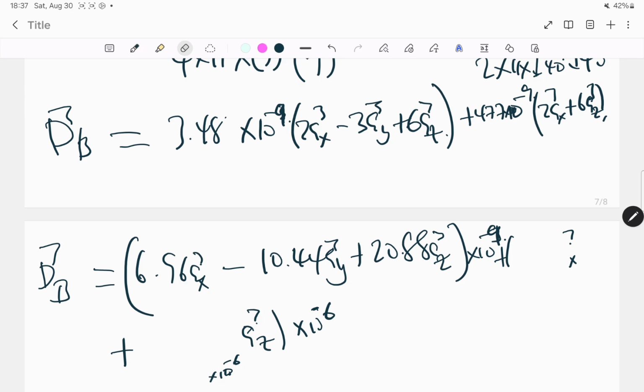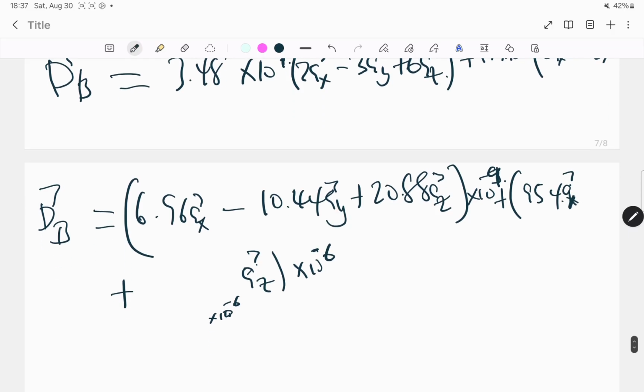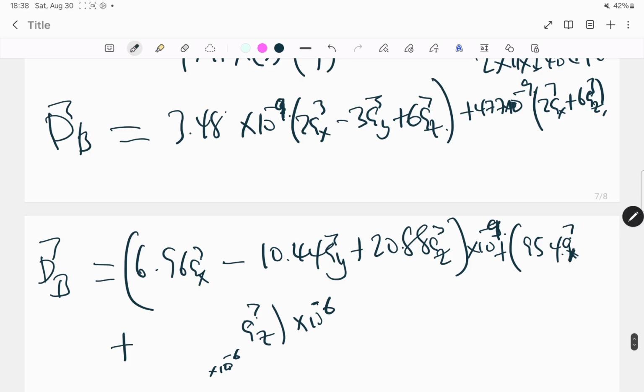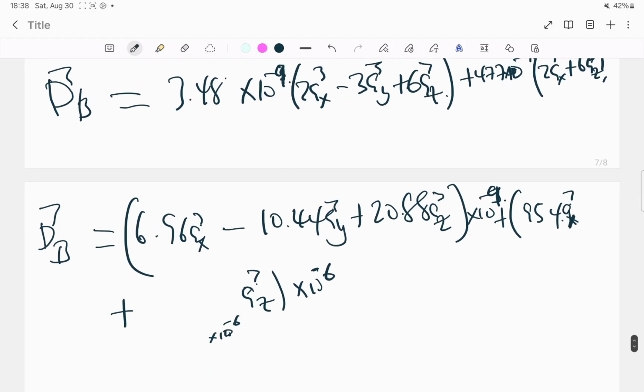I'll get 2 times 477. That'll be 94 along the x-axis. Then the next one is what? 477 times 6 to what? 2862 along the z-axis.